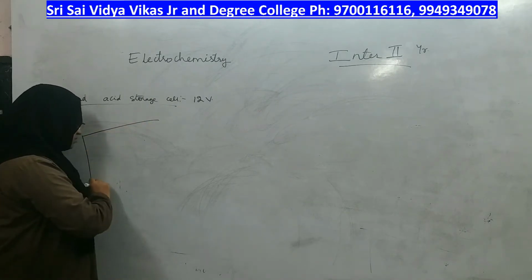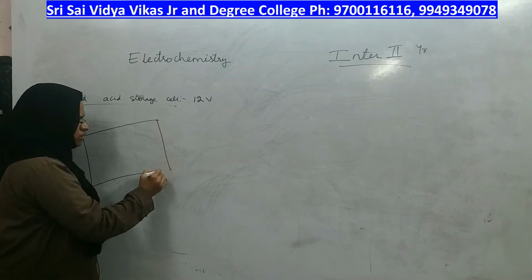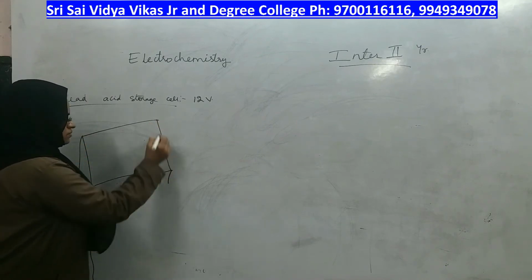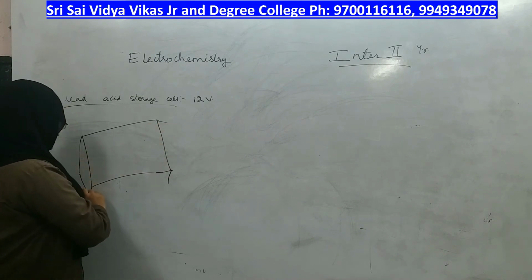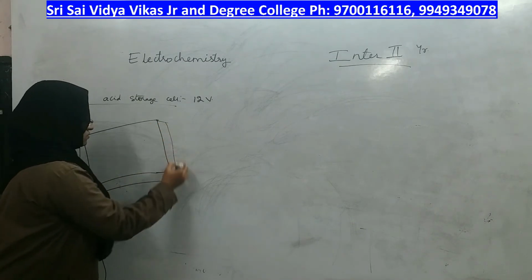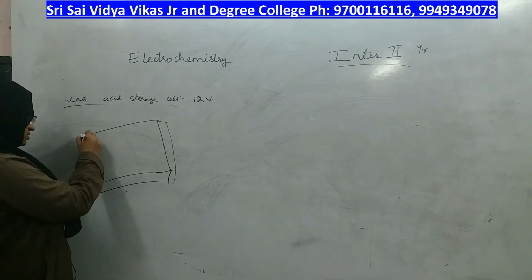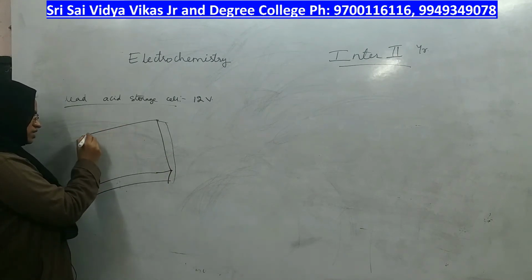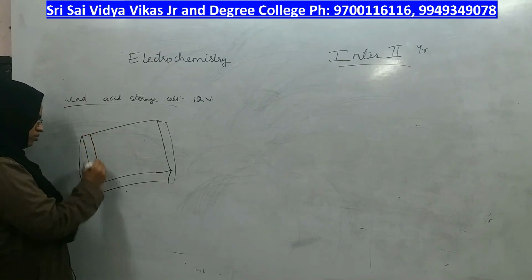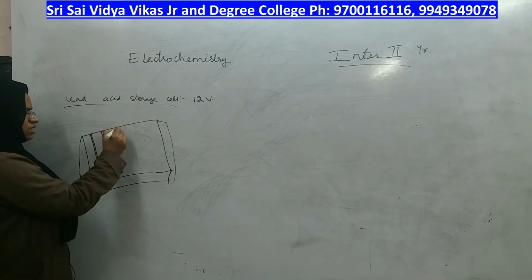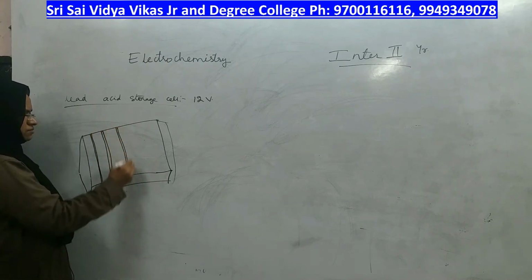It is a big box, a cubic box. In this horizontal section we are seeing the cubic box in which many plates, or 12 plates, are alternately arranged.